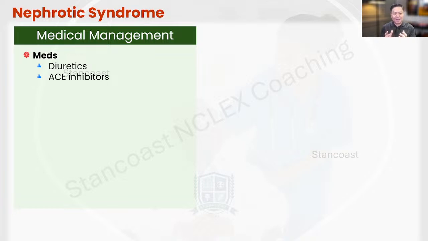And so when the diameter is bigger, it will allow a much lower pressure. When there is a low pressure inside that blood vessel, the hydrostatic pressure will also go down.